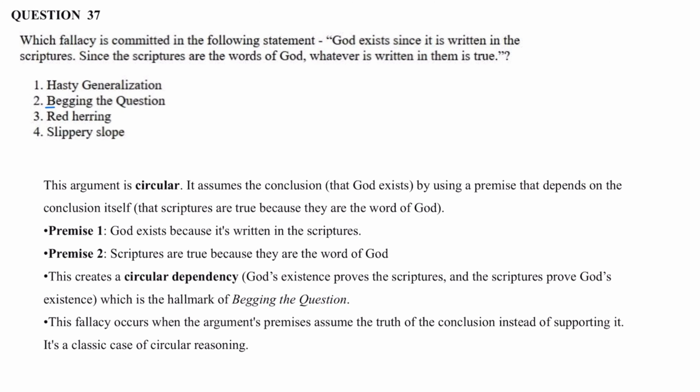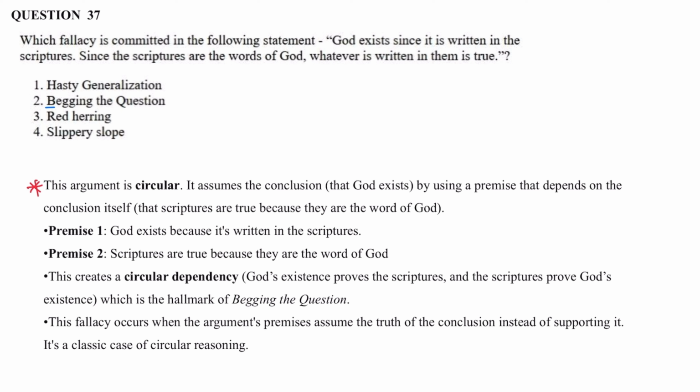Next question. Which fallacy is committed in the following statement? God exists since it is written in the scriptures. Since scriptures are the words of God, whatever is written in them is true. It is begging the question. This argument is circular. It assumes the conclusion that God exists by using a premise that depends on the conclusion itself, that is scriptures.